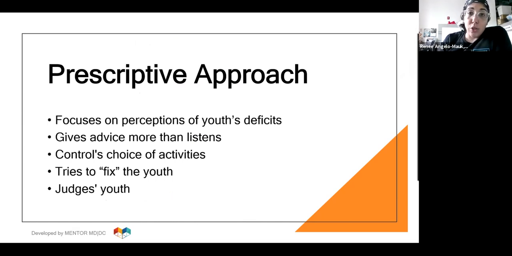So this approach can be really harmful to youth and can layer on additional power dynamics. And power dynamics are something that we always want to be talking about, especially when we're talking about relationships between adults and children. So we want to be really mindful that mentors are not using this approach, and that we're disrupting it now before they even make contact with students.